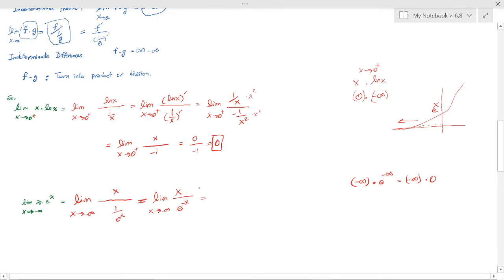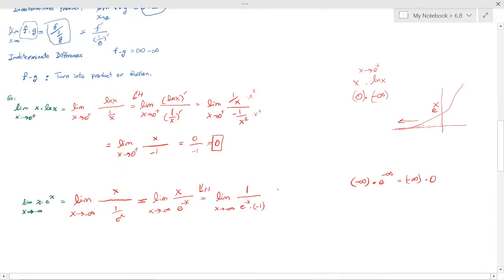So now I can apply L'Hopital's rule. By the way, I forgot to write L'Hopital's rule here, LH. It's not required, but it's better to write it so you show what you're doing. Okay, take the derivatives. The derivative of the numerator is simply 1. The derivative of the denominator, e to the negative x, is e to the negative x multiplied by the derivative of the exponent, which is simply negative 1, as x approaches negative infinity.